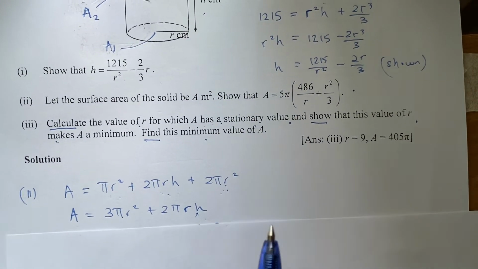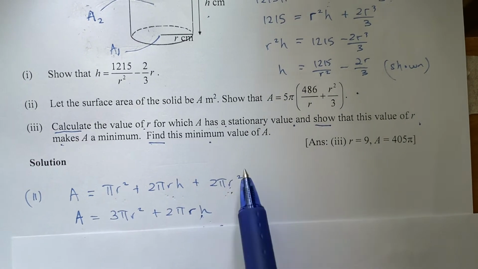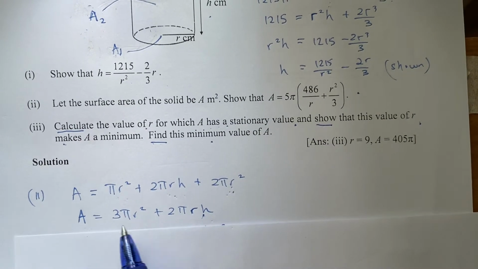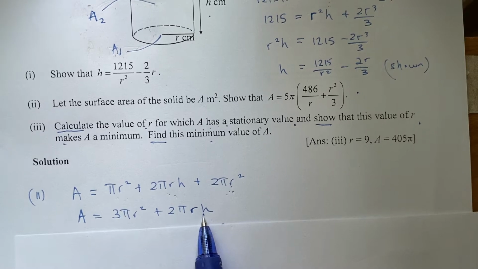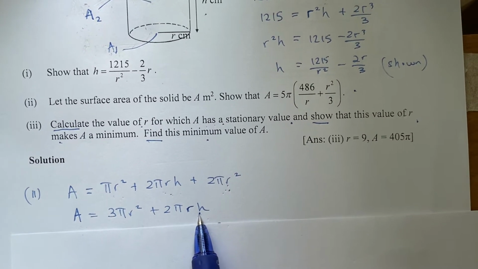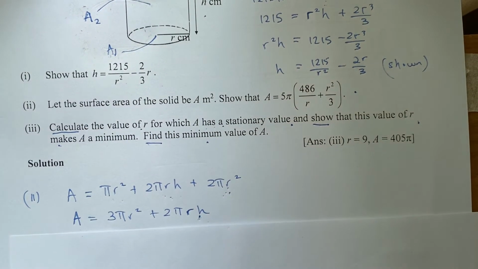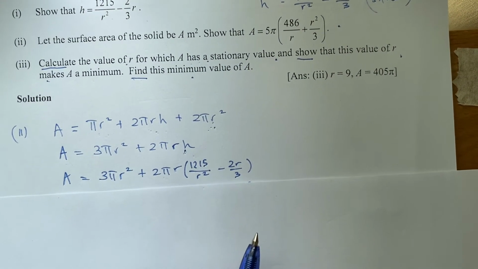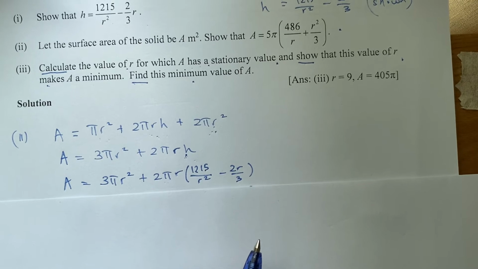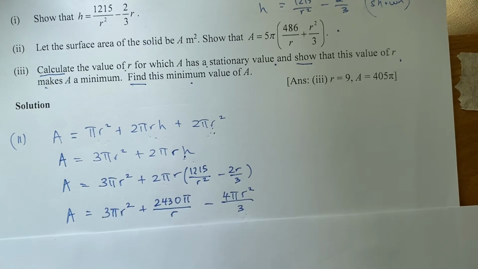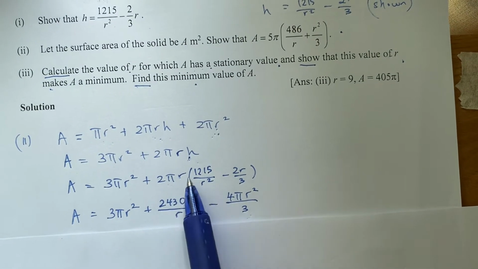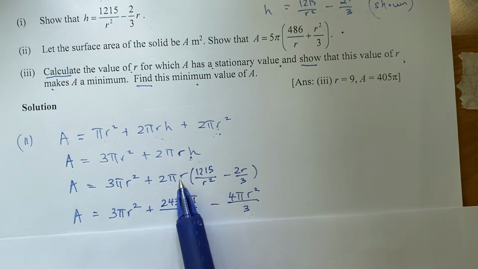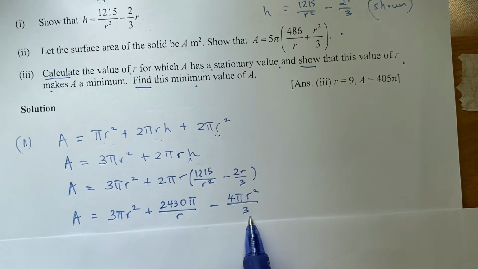We can add these two. And we notice that here there is a variable h. Remember that we already found h in terms of r. So we're going to replace this, and slowly we work out. We are going to expand this. We got this term. We expand this, we multiply this and this. We got this term.